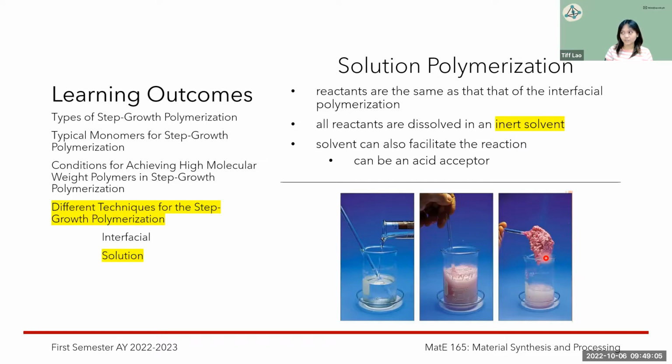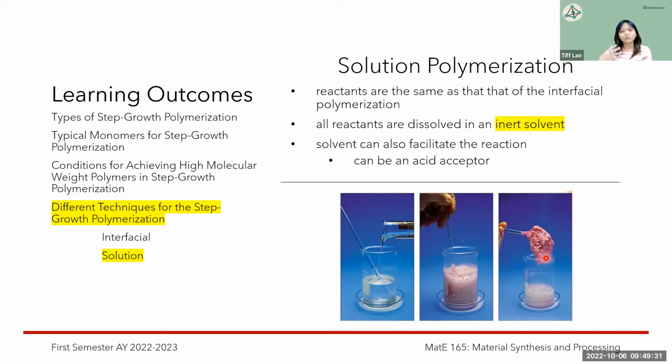How about others? Did you get the difference between interfacial and solution? Again, interfacial doesn't need a solvent. Yes, they are immiscible, but you have an interface where the two monomers react, and the rate of reaction depends on the rate of diffusion of your monomers to the interface.